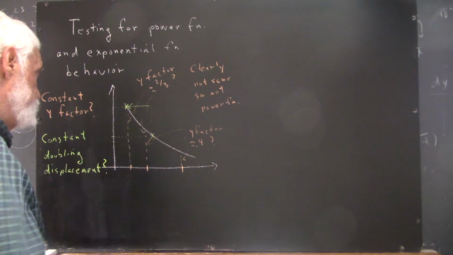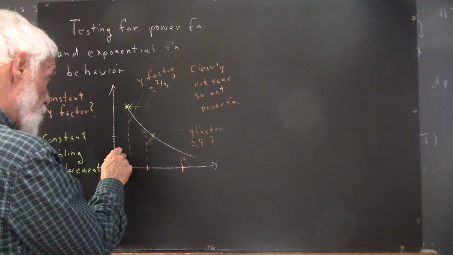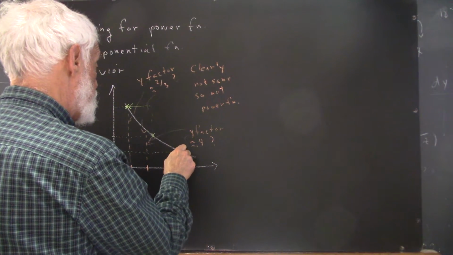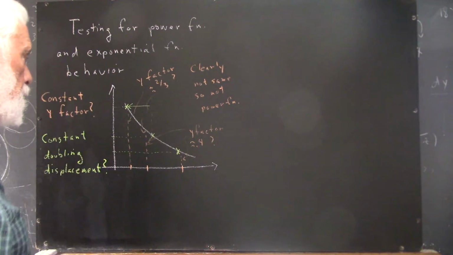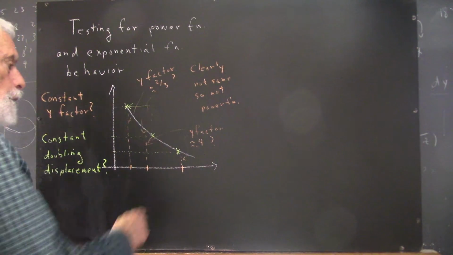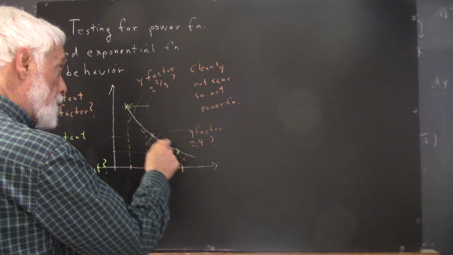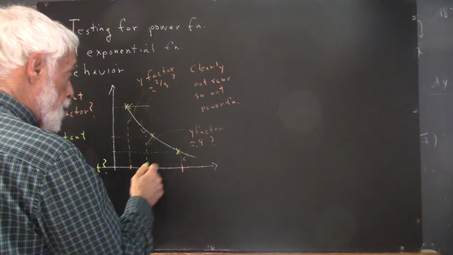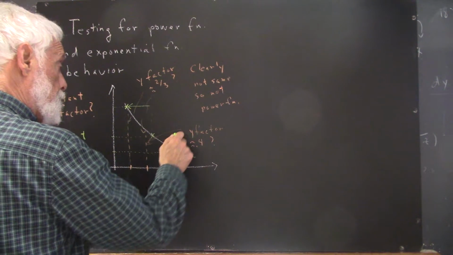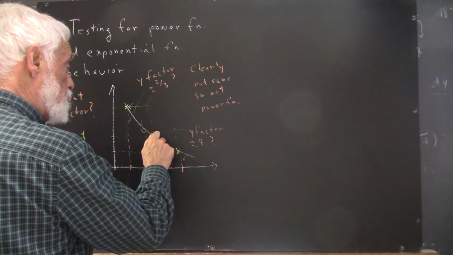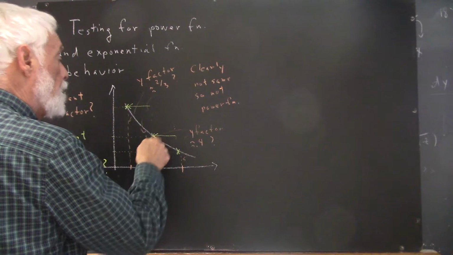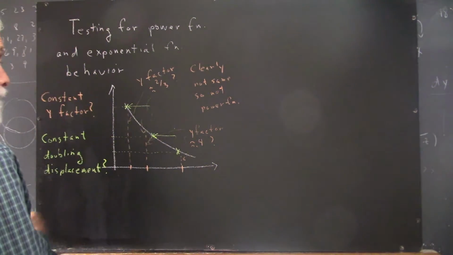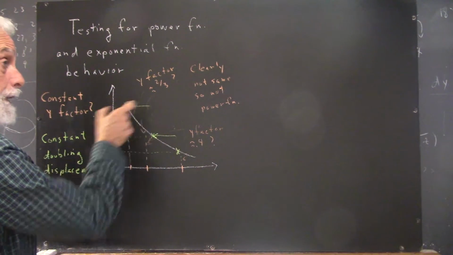Now let's cut that y value in half again, so that we have another doubling displacement from here to here. The doubling displacement is the change in the x value, and if we sketch an arrow corresponding to the doubling displacement from here to here, it looks like it's about the same.